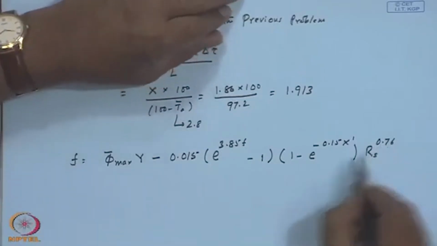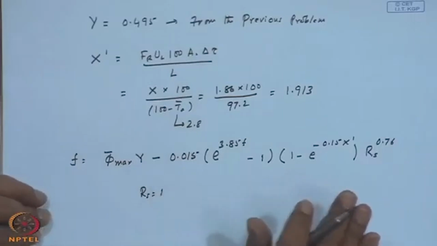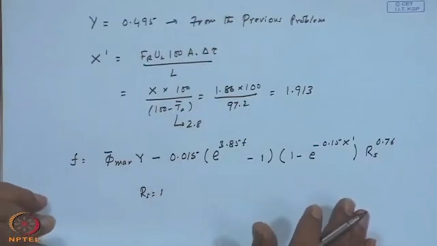So, standard storage, so RS is equal to 1, and first we are calculating no heat exchanger, no tank losses.